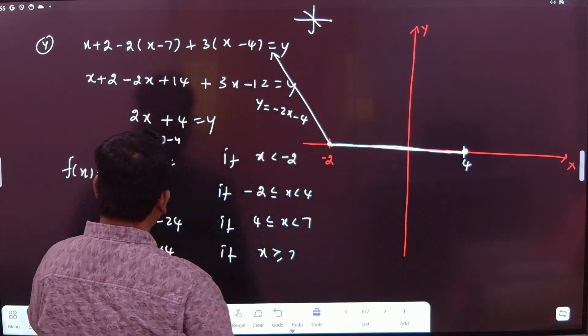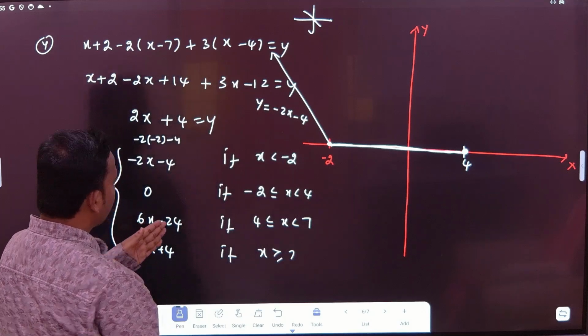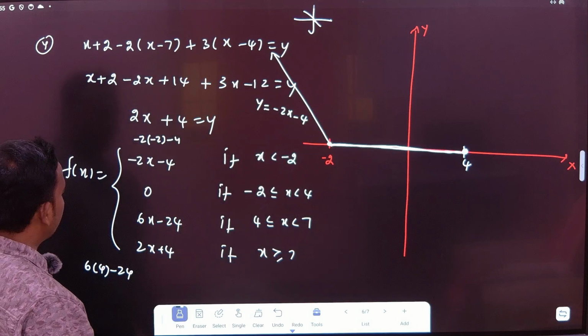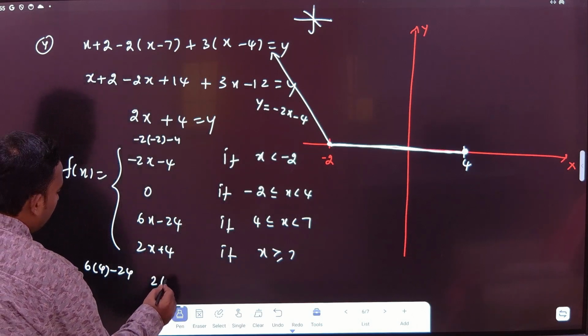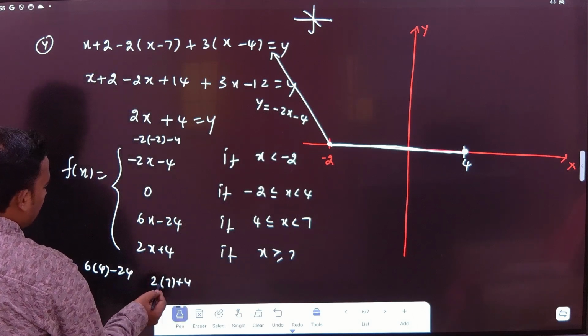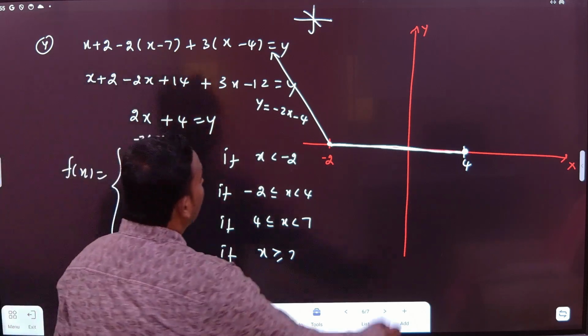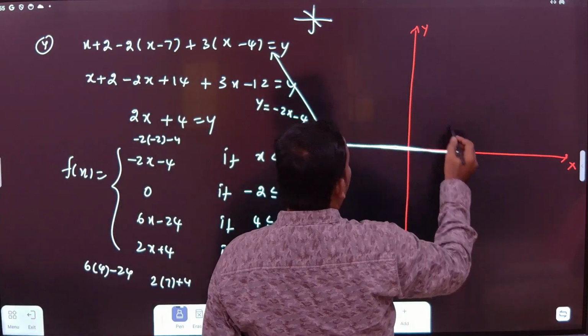So 6x minus 24 will be 0. Then you can choose the maximum here is 7. So 2 into 7 plus 4, what is that? 14 plus 4, 18. 18 over here, right?